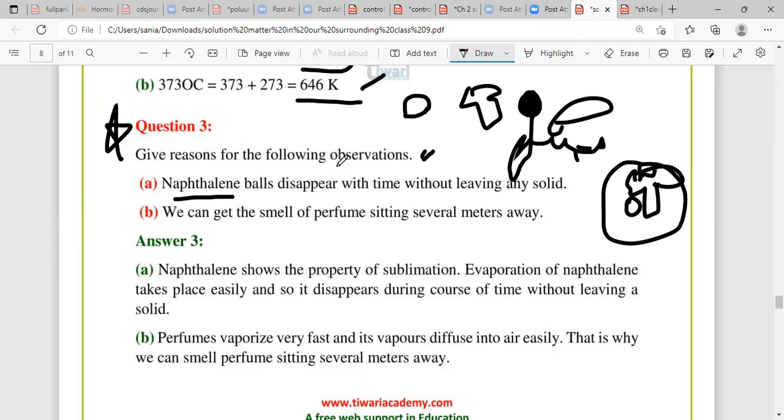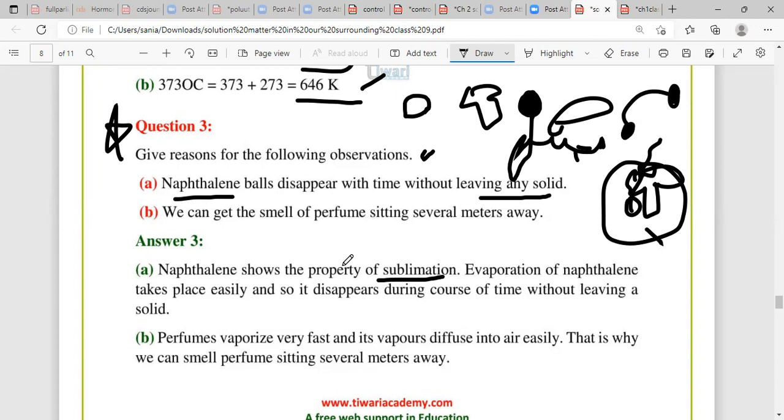But what happens? These balls, you'll keep them, and after 6 months or a few years, they basically disappear. There will be no ball. Naphthalene balls disappear with time without leaving any solid. So how? Naphthalene shows the property of sublimation. When a solid gets converted into gas, that is known as sublimation.